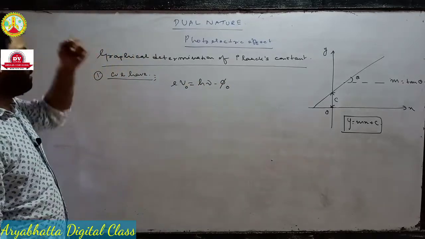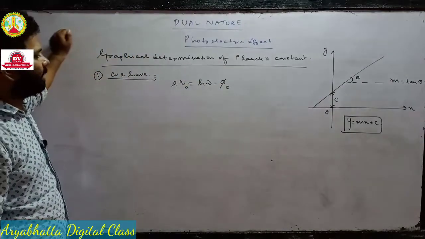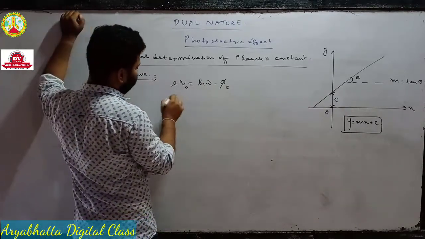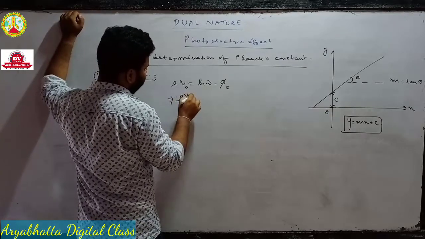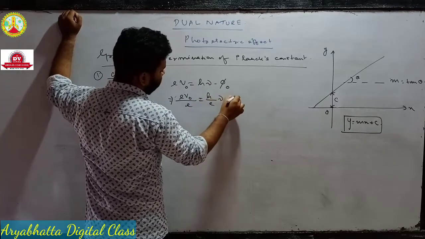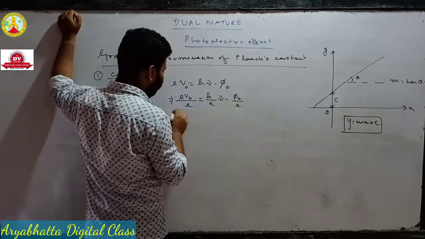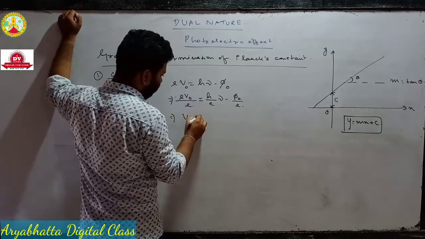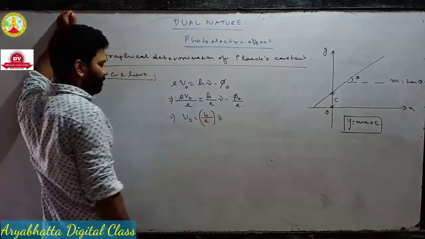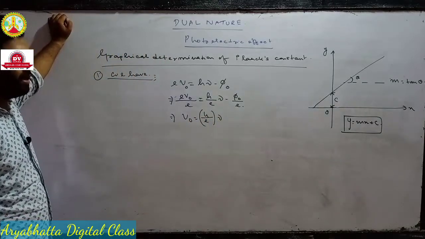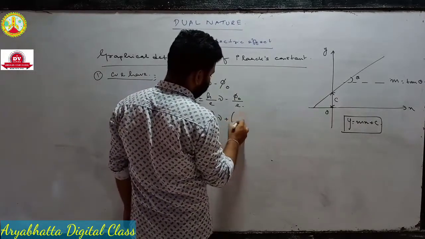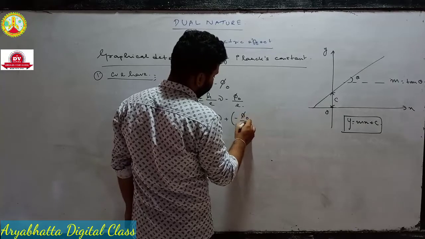Now from here we can say that divide both sides of the equation by e. So it will be h by e into nu minus phi naught divided by e. So from here we can write that V naught equal to h by e nu, minus phi naught divided by e. H is Planck's constant, it's a constant, divided by e, charge of an electron, another constant.